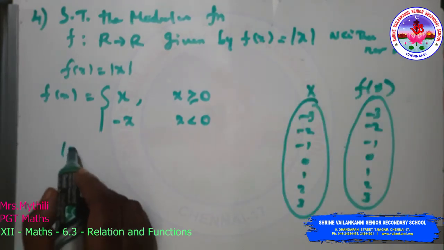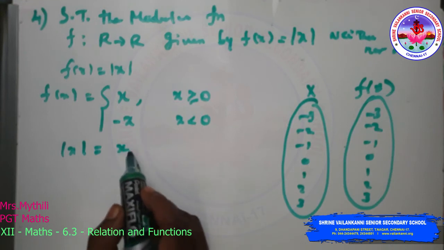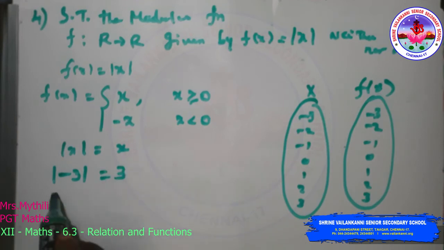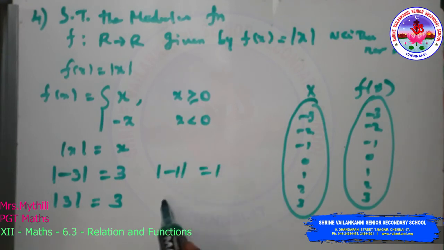So modulus of x will be plus x. If we take any value, minus 3, modulus of minus 3 is plus 3 and modulus of plus 3 is also plus 3. If we take minus 1, modulus of minus 1 is 1 and modulus of 1 is also 1.